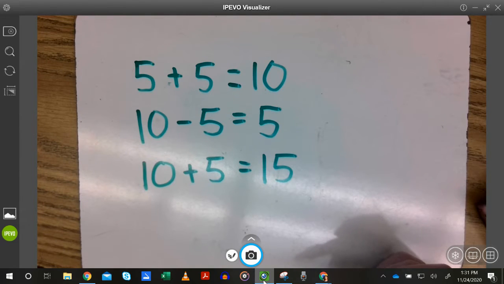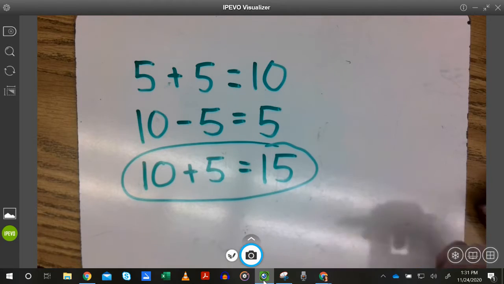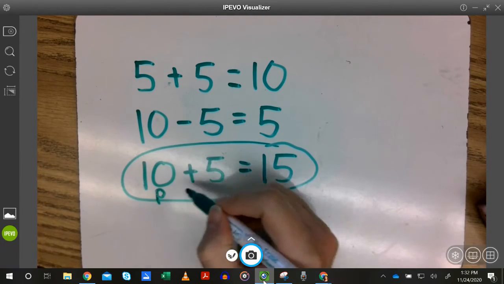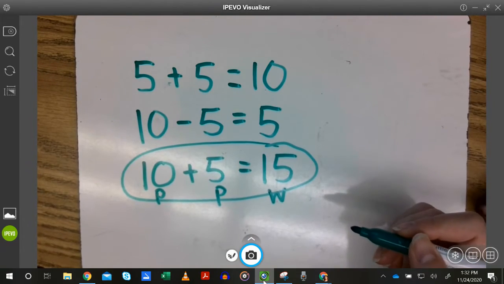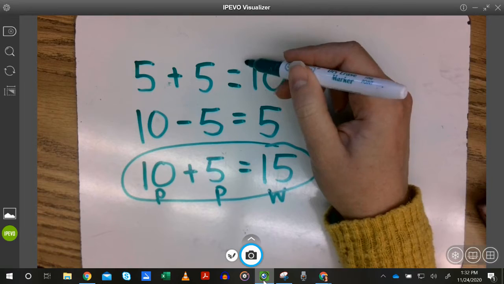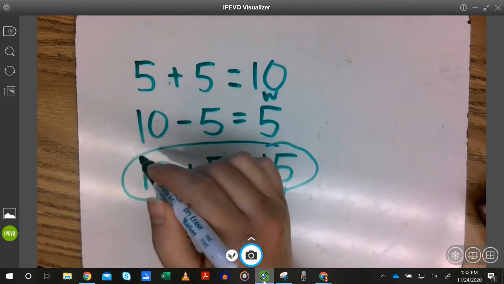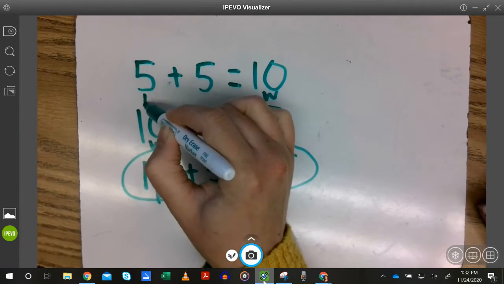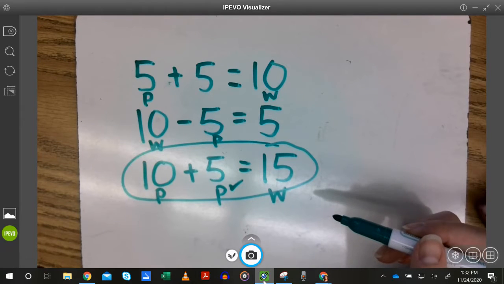But which one does not belong? This one. How do we know? Because in this one, 10 is a part and 5 is a part. 15 is the whole. In this one we have 10 as the whole, and in this one we have 10 as the whole. 5 is a part, which matches here, but that's the only thing that matches.